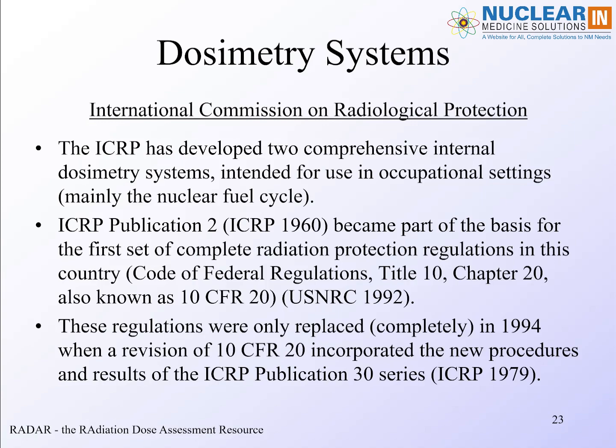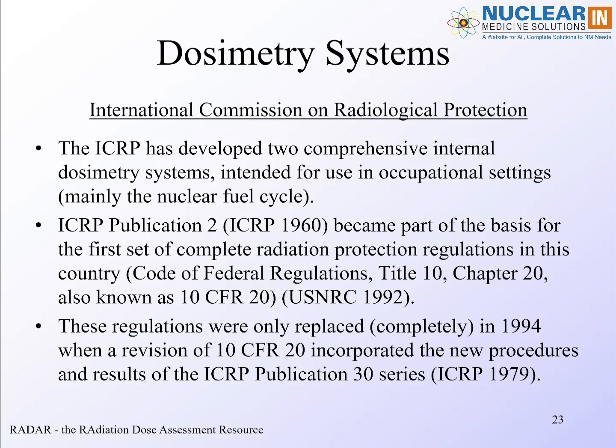Now, for radiation workers, we have dose limits. Nuclear medicine, there are no dose limits. You have to be safe, but there's no regulatory authority that can tell you this is a medical issue. The doctor decides.